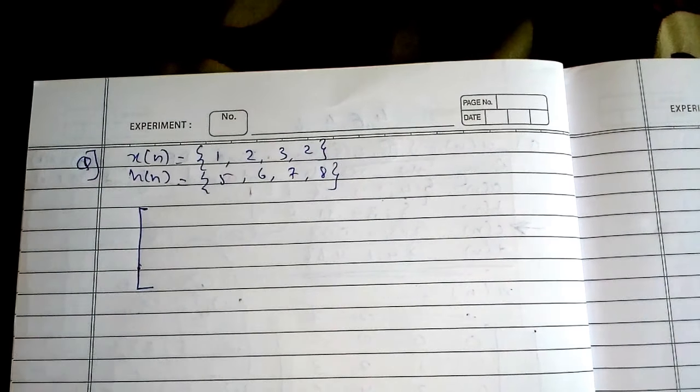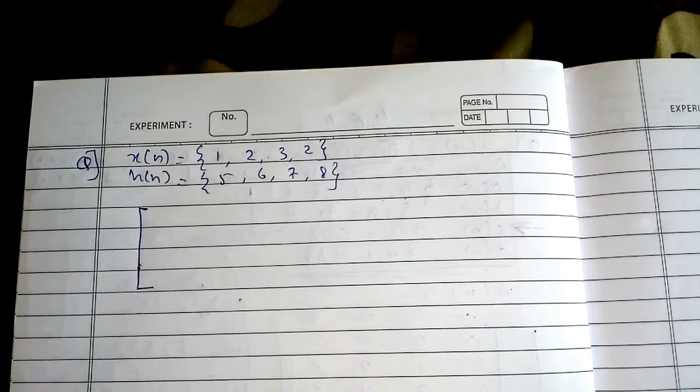Now the first thing to remember: first you will write x of n here, then you will multiply it by h of n, and whatever answer you get will be your final y of n. Now let's decide the matrix size. H of n I know is 5, 6, 7, 8.